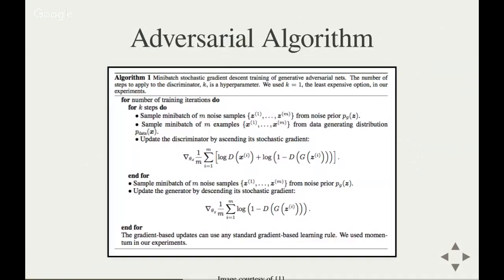And so this is that specific algorithm just written out in code from the original paper. So you sample some mini batch of noise, and then you sample a mini batch of examples from the ground truth, exactly the same size, and also generate that same amount of data using your generator based on the noise that you're giving it.